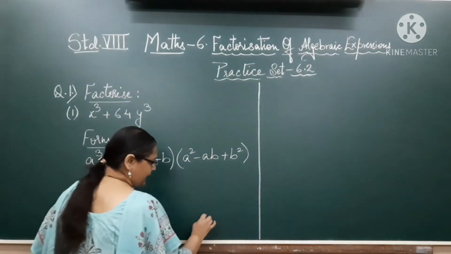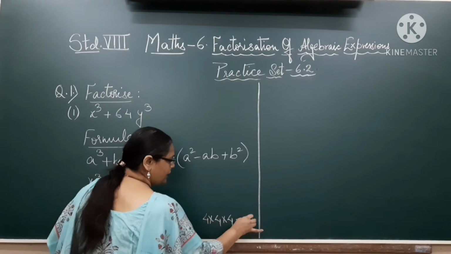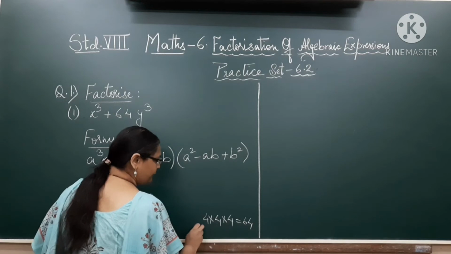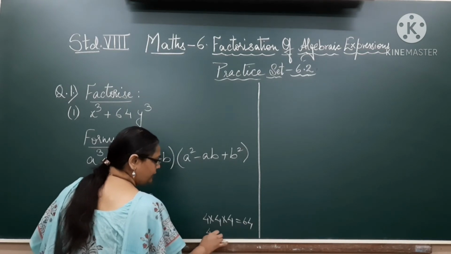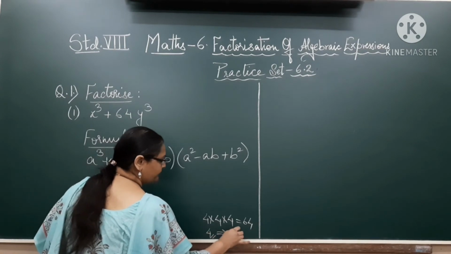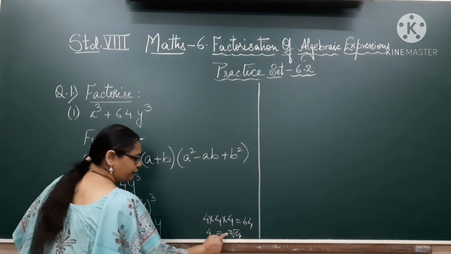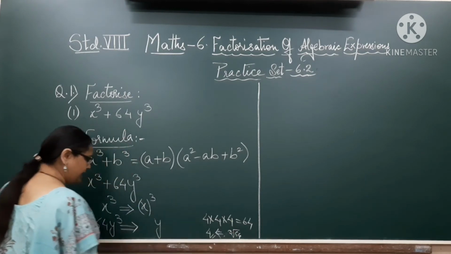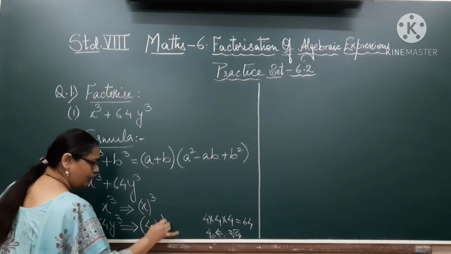For example, I know 4 fours are 16, 16 fours are 64. So the cube root of 64 is 4. So 4 is going to be the cube root of 64, and that is why I am going to utilize here 4y the whole cube.